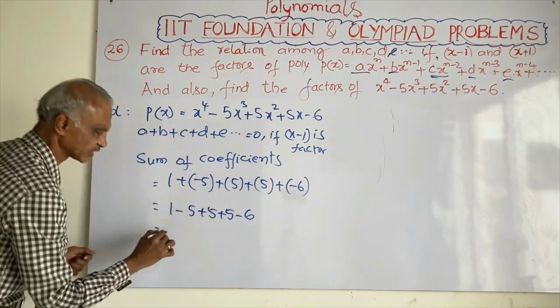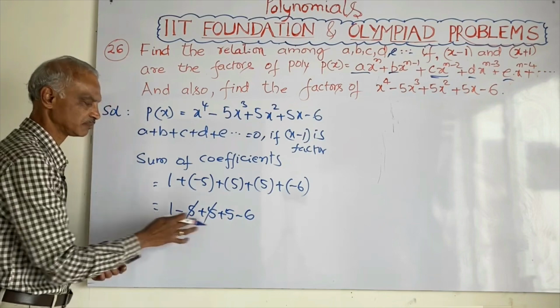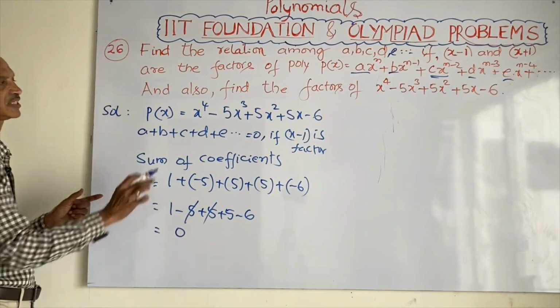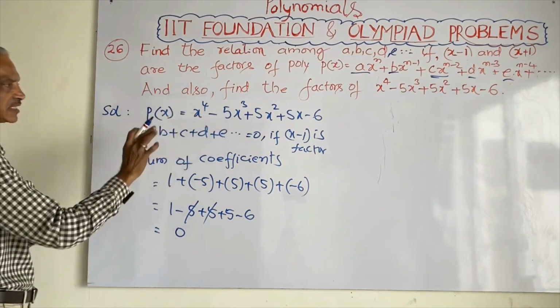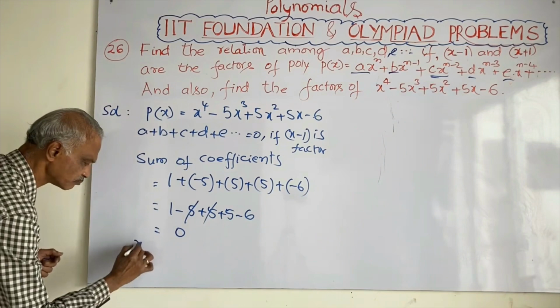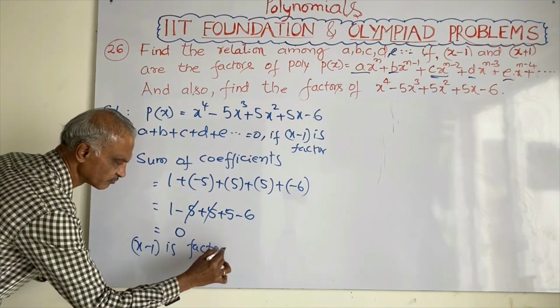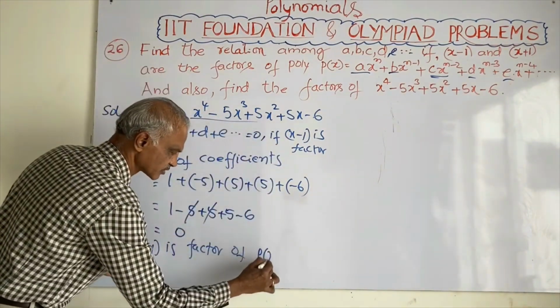See, plus 5 and minus 5 cancel. 5 plus 1 is 6, and 6 minus 6 is 0. As the sum of the coefficients of this polynomial is 0, you can say x minus 1 is a factor of this polynomial, that is p of x.